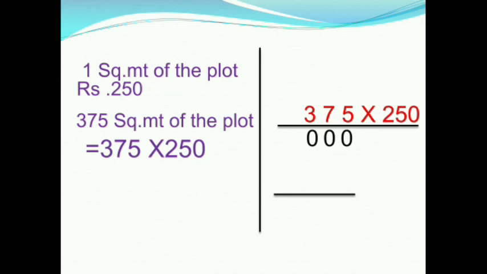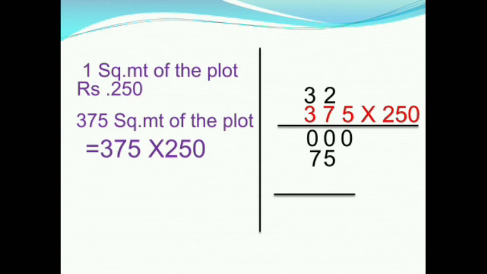Write 2 carry above the 7 and write 5 below the 0. Now we should multiply 5 and 7. 5 7s are 35. 35 plus 2, 37. Write 3 carry above the 3 and write 7 below the 0.